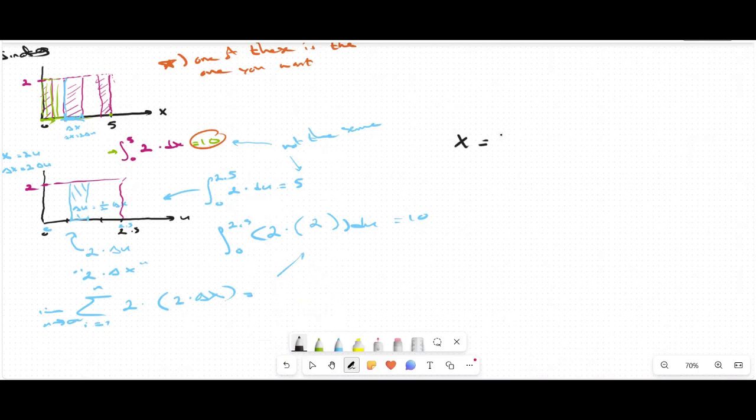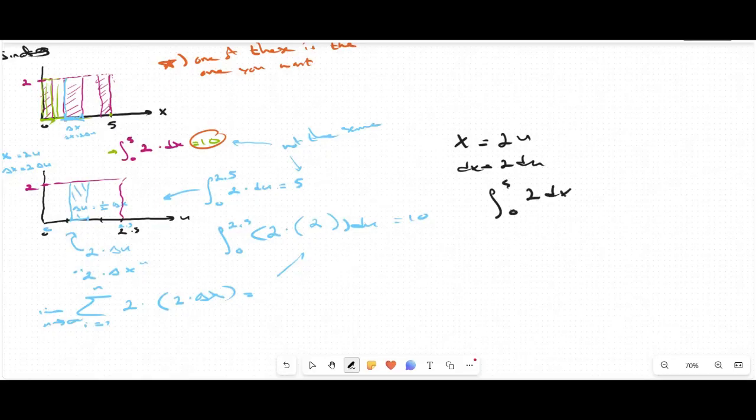If x is equal to 2u, u is equal to x over 2, then dx is equal to 2 du, and the integral from 0 to 5 of 2 dx is equal to the integral from 0 to 2.5 of 2 times, well, dx is 2 du.